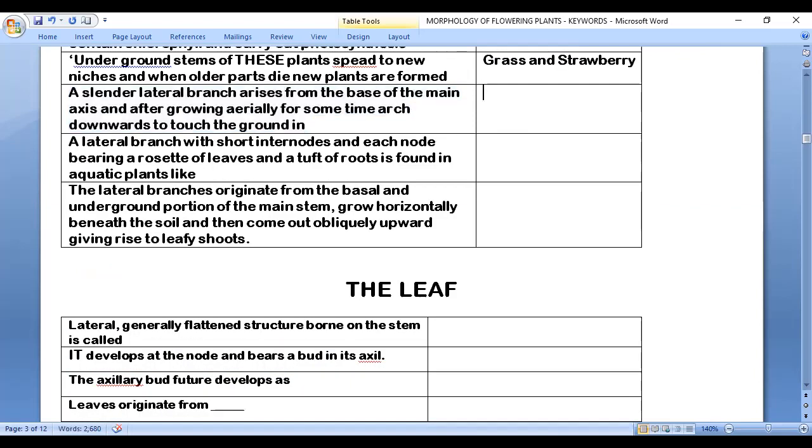A slender lateral branch arises from the base of the main axis and, after growing aerially for some time, arches downwards to touch the ground, as in mint and jasmine. A lateral branch with short internodes and each node bearing a rosette of leaves and a tuft of roots is found in aquatic plants like Pistia and Eichhornia.